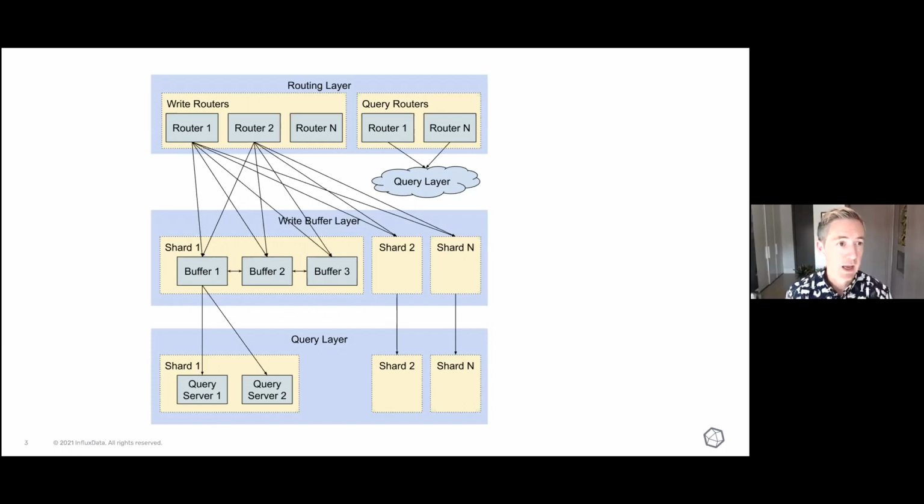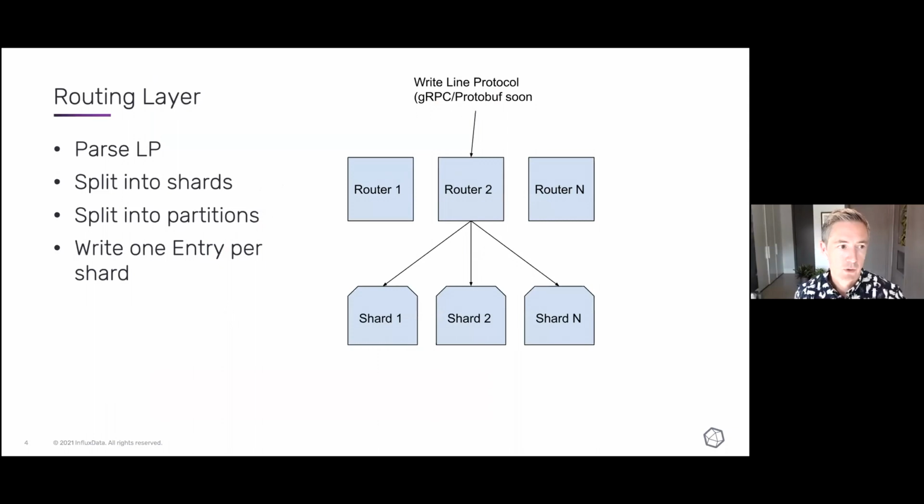Now let's look at the routing layer, the top part of this diagram. So the routing layer, its responsibility in this is basically, a request comes in, either a write of line protocol, or we'll have a gRPC protobuf API soon. So basically we parse that request of line protocol, and break it up into flat buffers.